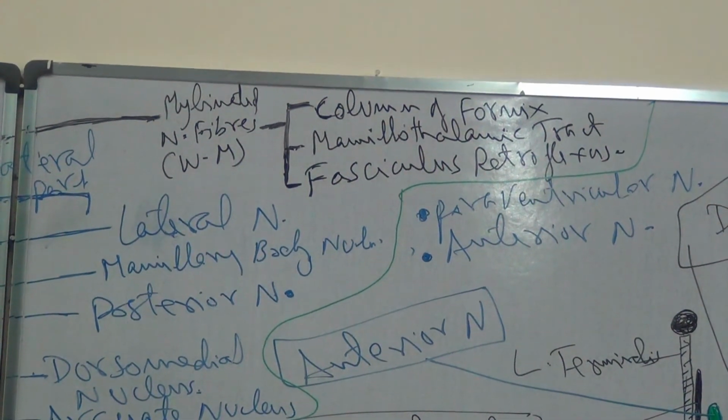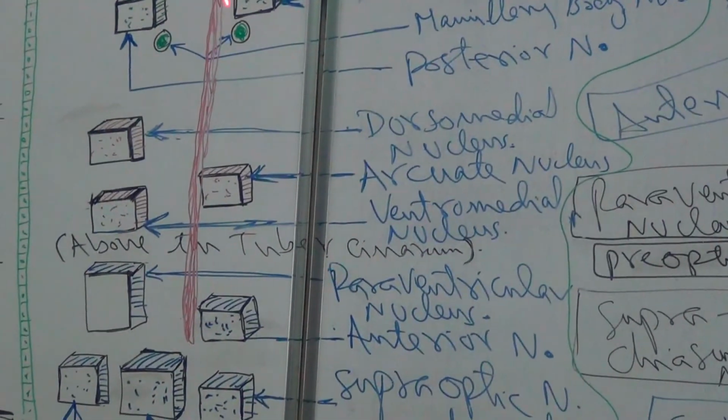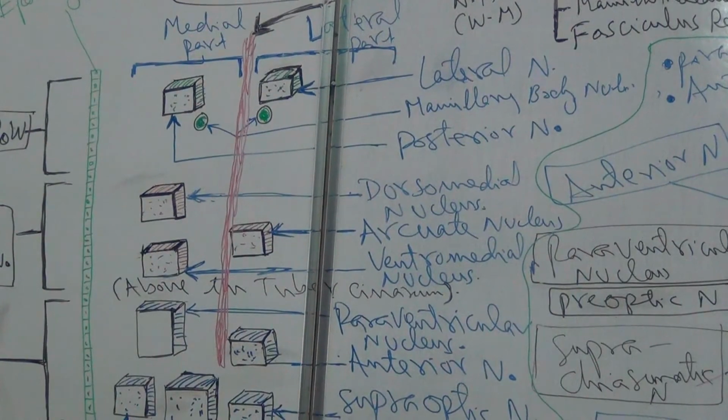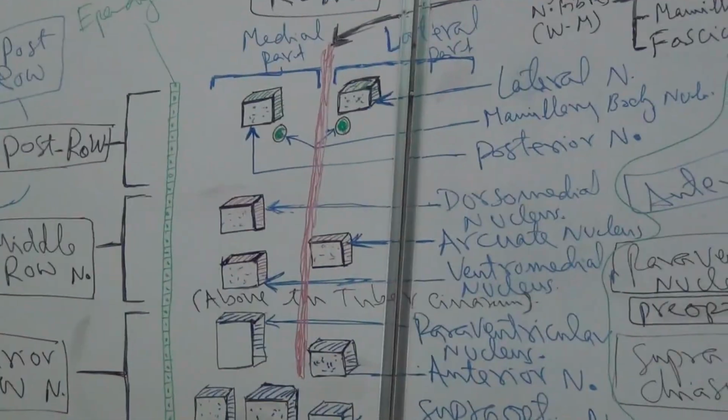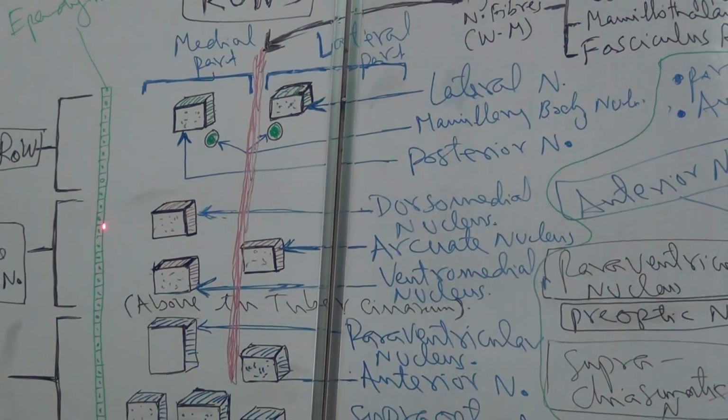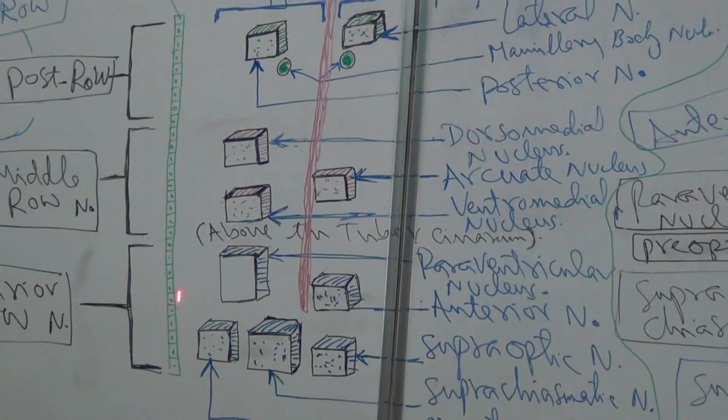Thus, this band of white matter traverses the hypothalamus, just like the internal medullary lamina passing through the thalamus. Now, the medial side is the ependymal lining of the third ventricle.